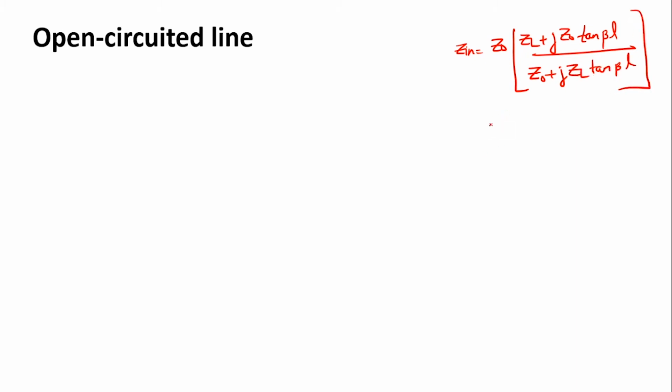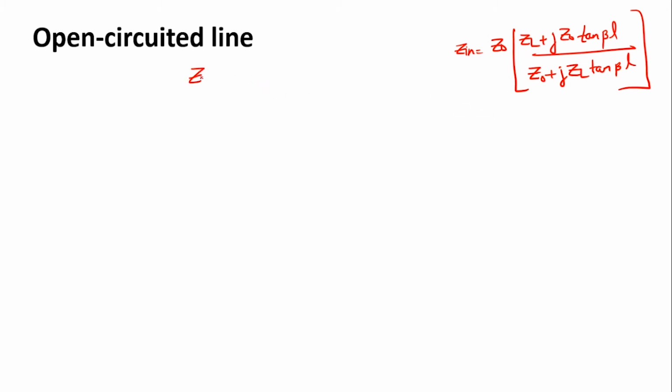Next, let's move on to the open circuited line. Again, you know the equation for input impedance. Zin is equal to Z0 into (ZL plus jZ0 tan βl) divided by (Z0 plus jZL tan βl).